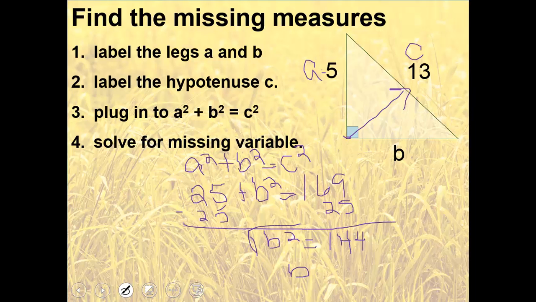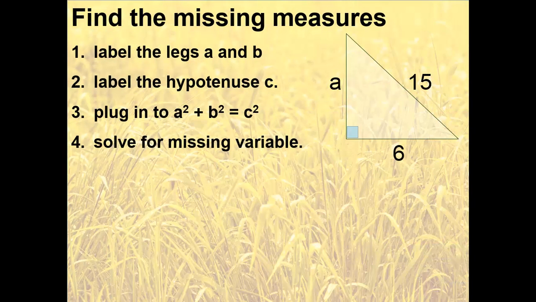So when I take the square root of both sides, this is like doing 12 times 12, and I have a perfect square underneath there. So b just equals 12, just like that. Why don't you try this one on your own? Hit the pause button and come back and see if you got it right. You will get a large number under the radical sign.